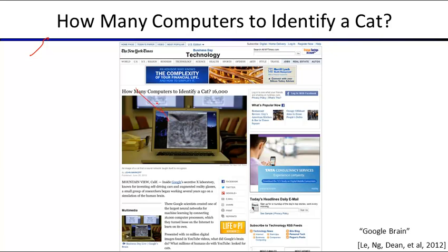You ask, what does this feature mean? You visualize the feature, and you get cat faces. That's pretty cool, right? They actually learned something there. They didn't put in anything about edge detection and so forth. It just learned the concept of a cat face.